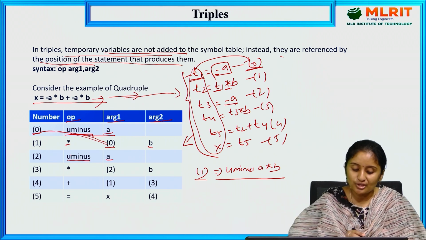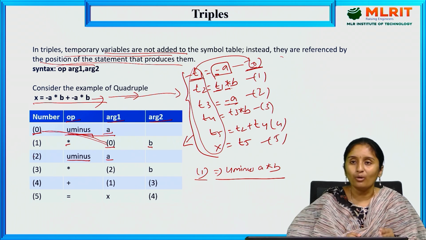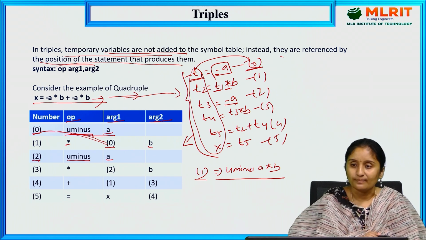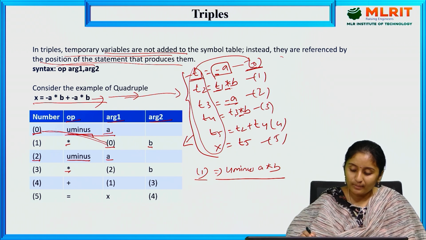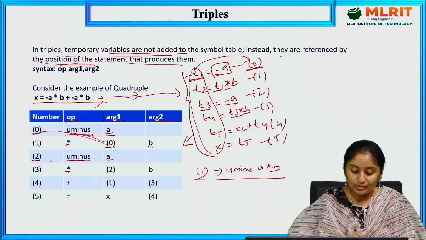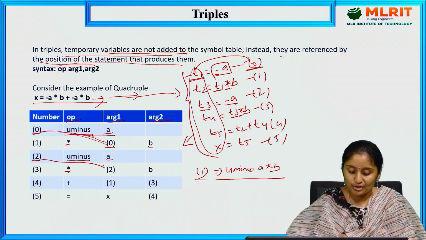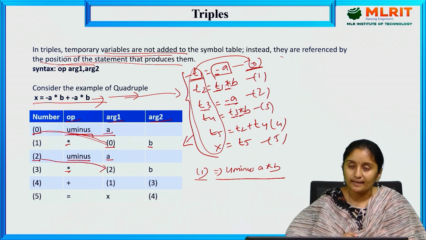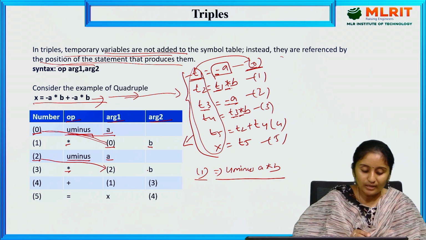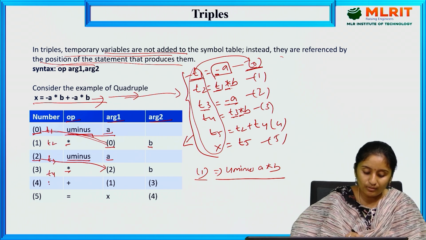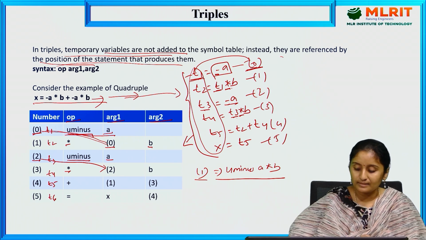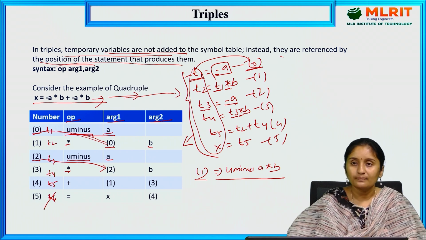The next statement is again unary minus A. Which position? 0, 1, 2. I am going to give it in order, so it is in the second position. Next is multiplication, and then T3, which is the previous one, the second position, the second index, into B. Let me take T1, T2, T3, T4, T5 and X for your reference.